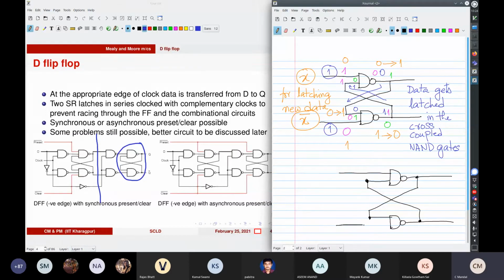And here we are putting these two gates.